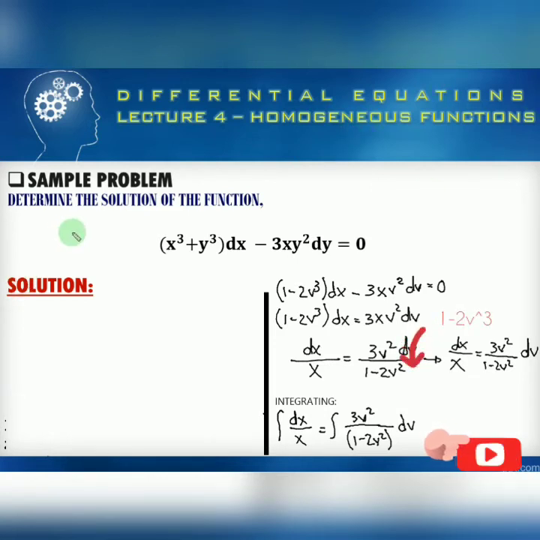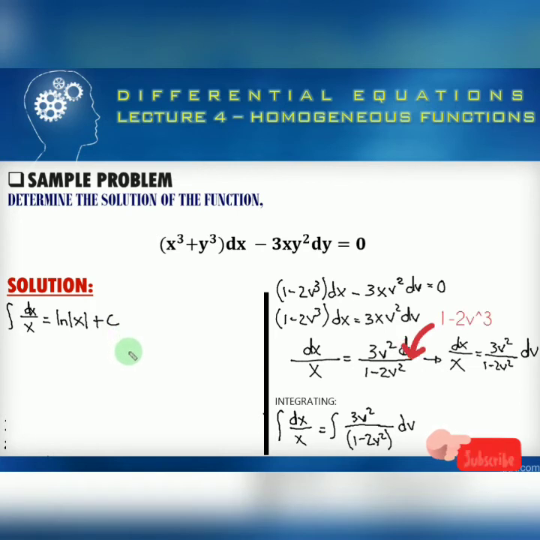So for the integral of this dx over x, we can say that the integral of dx over x is just equal now to the natural logarithm of this variable x plus a constant c.